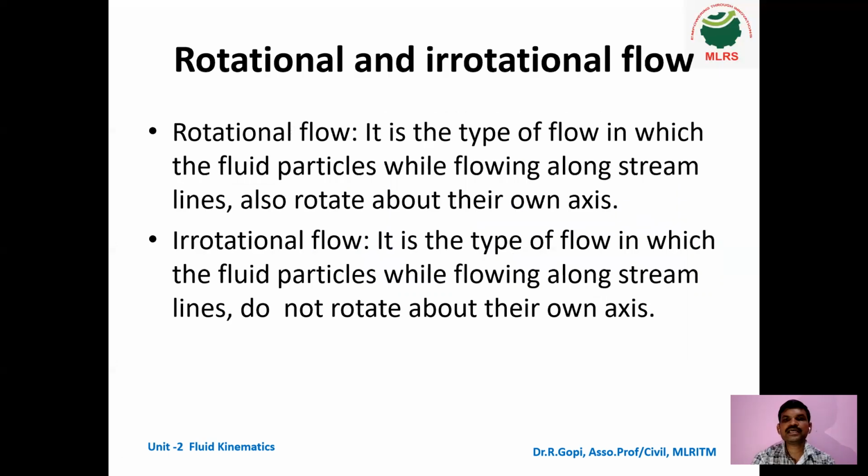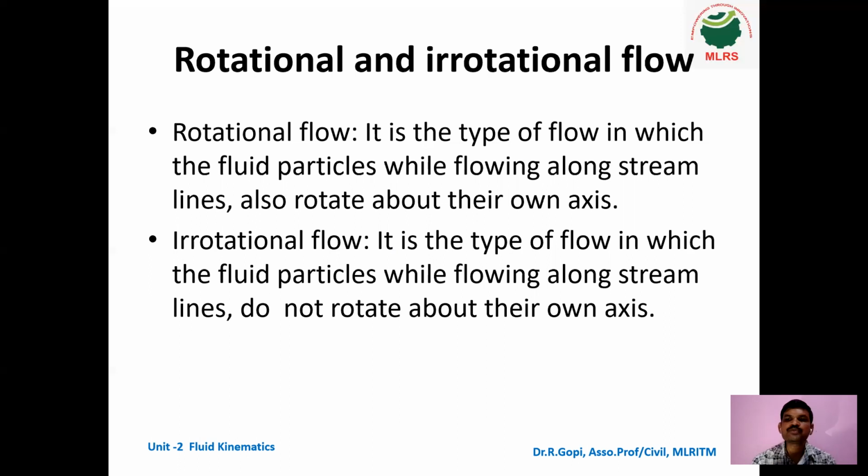Next, rotational and irrotational flow. It is a type of flow in which the fluid particles, while flowing along streamlines, also rotate about their own axis. Imagine one fluid particle in a round shape, moving along a pipe.